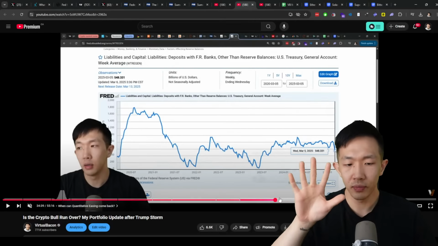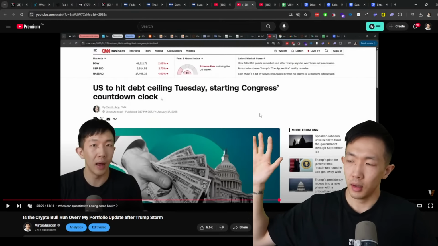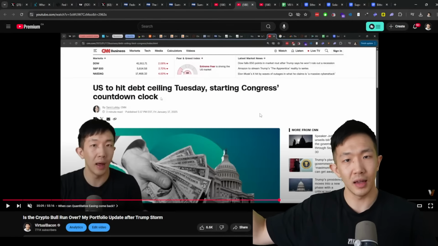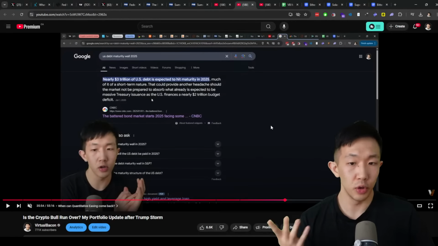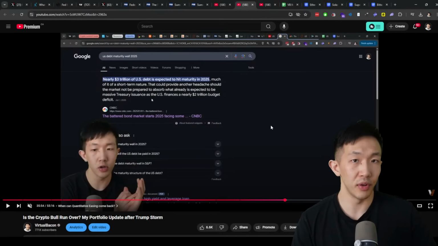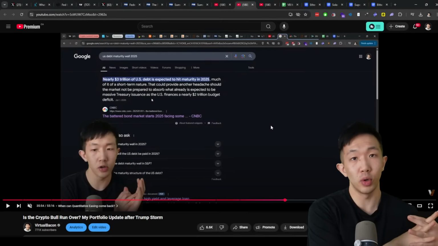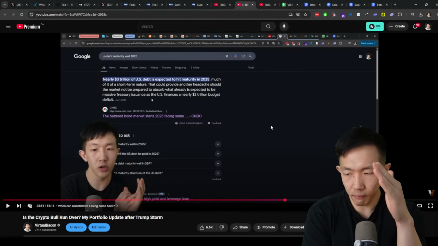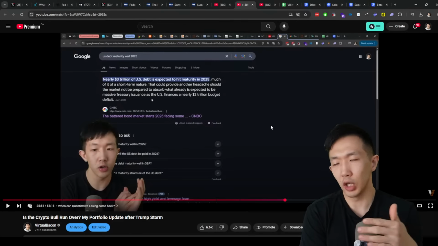And this is very tiny compared to the debt ceiling problem that needs to be resolved quite soon, because the US is meeting its debt ceiling, and nearly $3 trillion of US debt will be meeting maturity this year and will need to be refinanced. So all of these will require extra liquidity. And basically, once the TGA dries up, there is no more liquidity in the system.